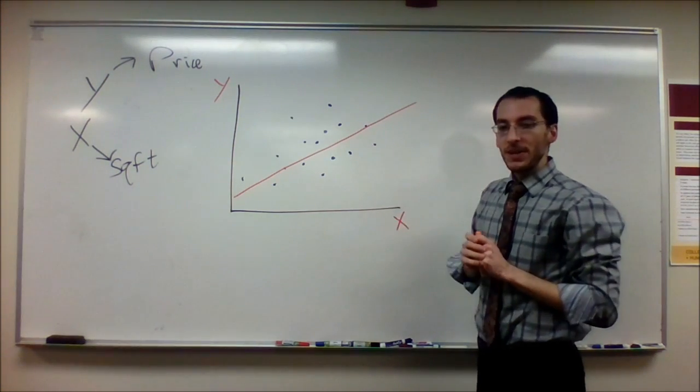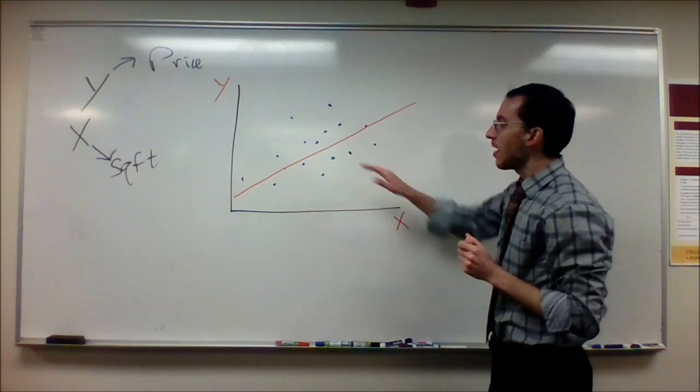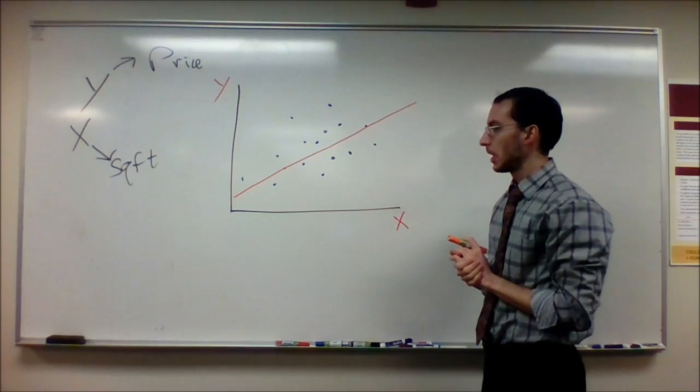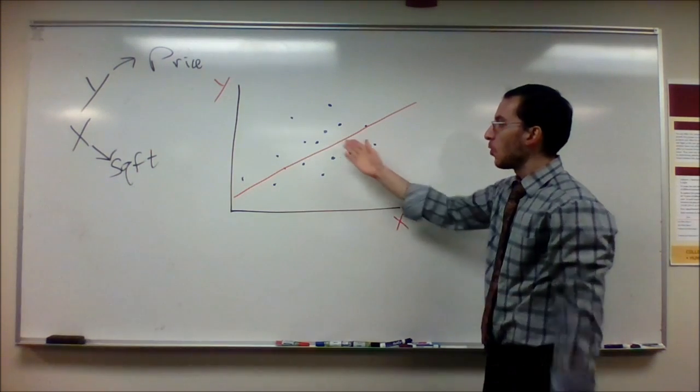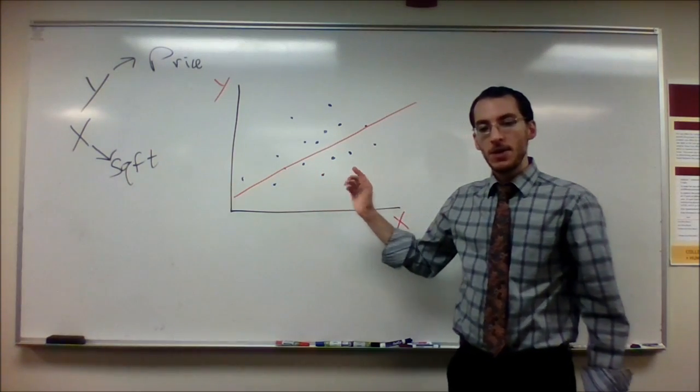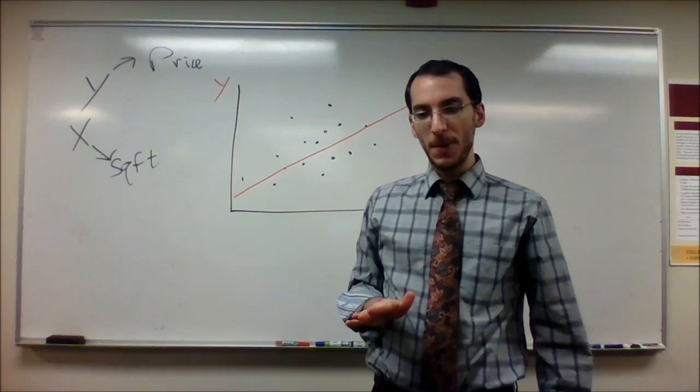So we'll talk more about that in a second, but let me just throw out some formal notation here. The base notation. So when we do linear regression, we're working with the idea of a line. Remember back to your basic algebra.